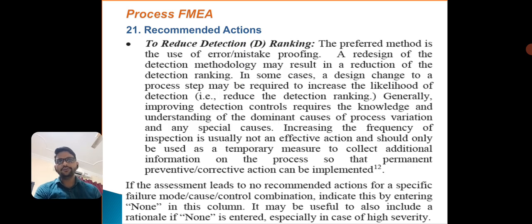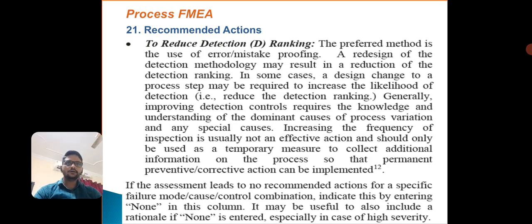and any special causes. Increasing the frequency of inspection is usually not an effective action and should only be used as a temporary measure to collect additional information on the process so that a permanent preventive or corrective action can be implemented.